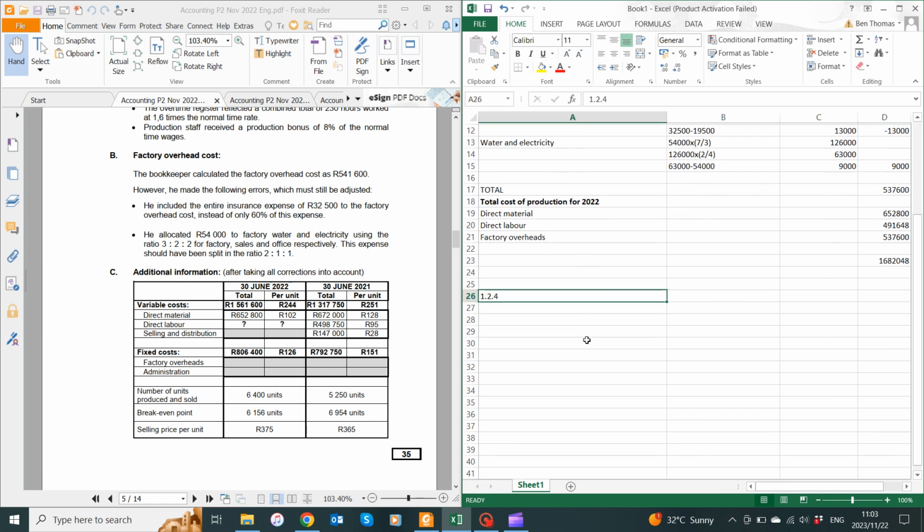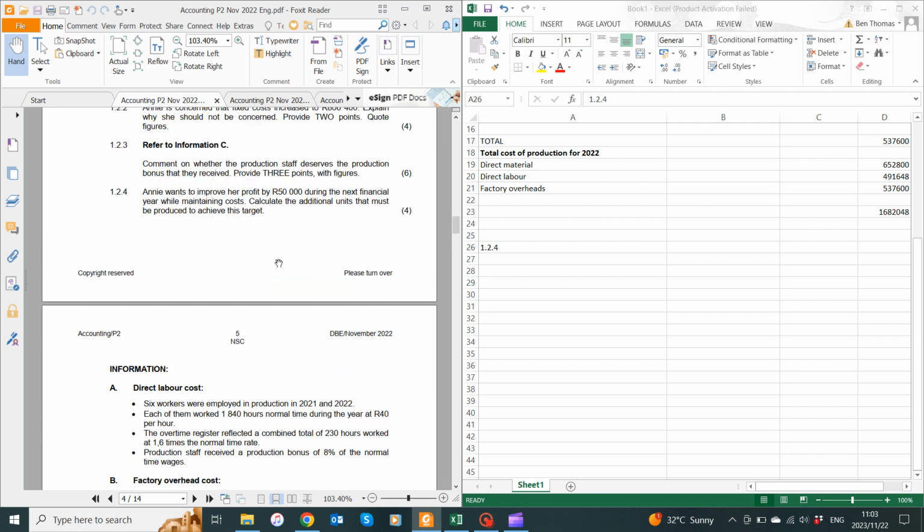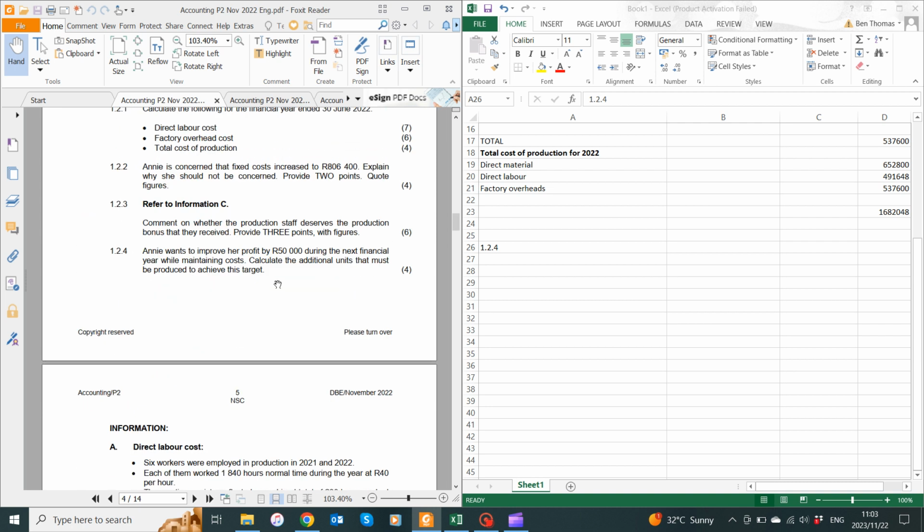Now I want to go to 1.2.4 because I always find this to be an interesting question. 1.2.4 says Annie wants to improve her profit by 50,000 Rand during the next financial year while maintaining costs. Calculate the additional units that must be produced to achieve this target. Now guys, this is essentially a twist on your break-even point formula.